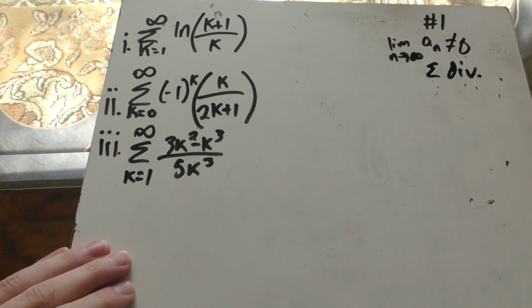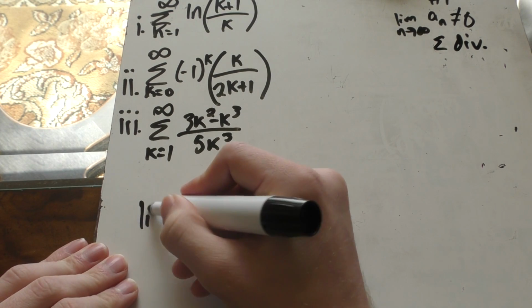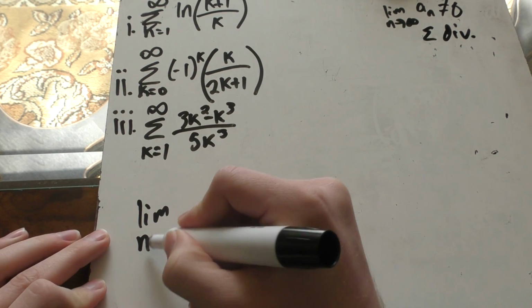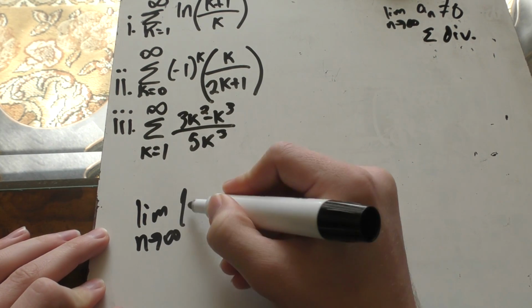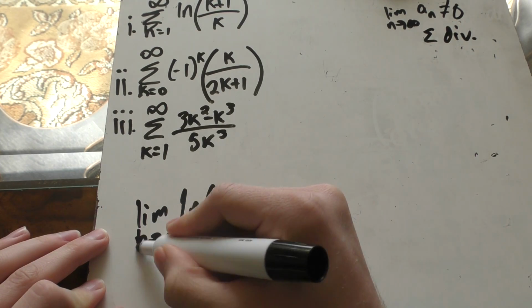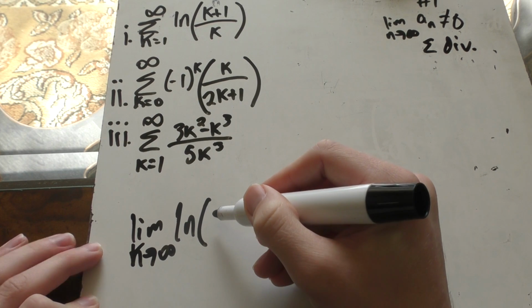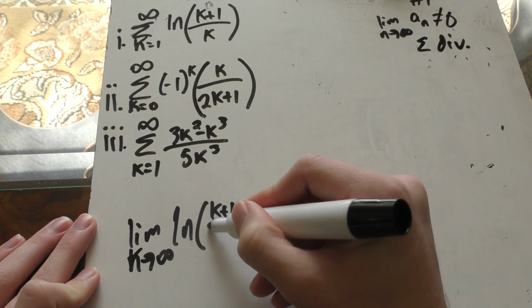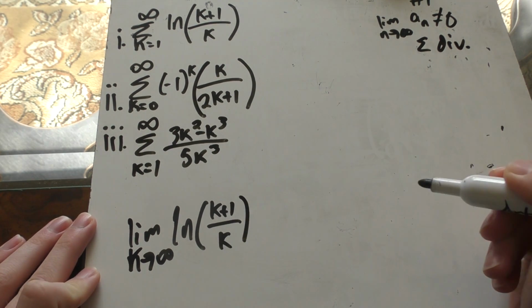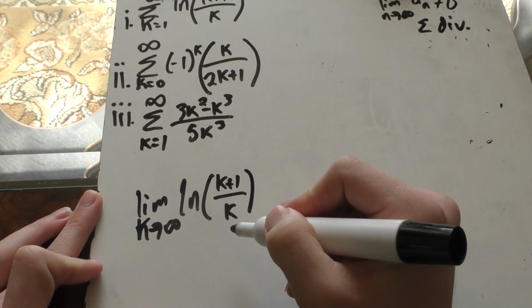Okay, let's start with that first series. If I take the limit as n approaches infinity, I keep calling it k for these up here, the limit as k approaches infinity of the natural log of (k plus 1) over k. What is this limit equal to?